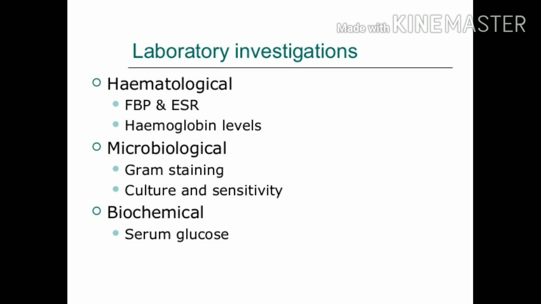Microbiological tests will include gram staining, ruling out tuberculous origin, and culture and sensitivity of the pus. Biochemical examination for the glucose level is done to know whether the patient is diabetic or not. It gives a rough idea whether the healing of the ulcer will take a very long duration or not, and whether the blood glucose level of the patient is controlled or not.